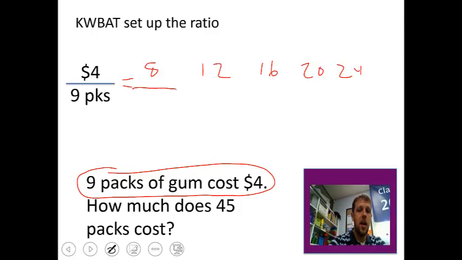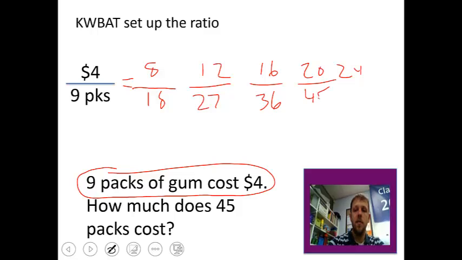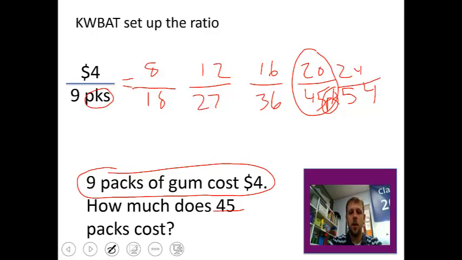Let's see, 9, 18, 27, 36, 45, and I realize if I'm trying to find 45 packs, here's 45 packs right here. Notice that my units stay the same. So I would use this ratio to help me solve this problem. So I would say that $20 is what it costs for 45 packs of gum.